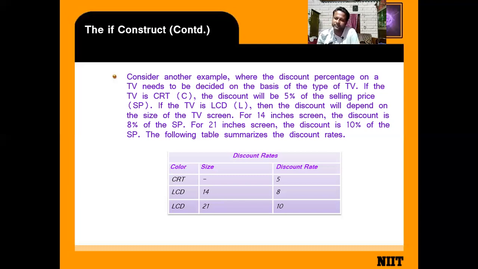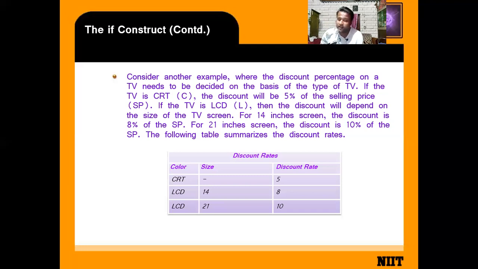Depending upon the type of TV, we have to decide what the discount rate is. The discount will be 5% of the selling price if the TV is CRT.